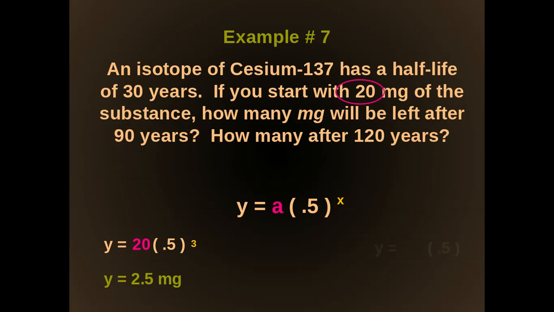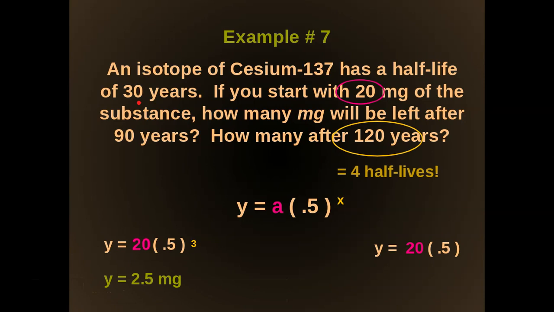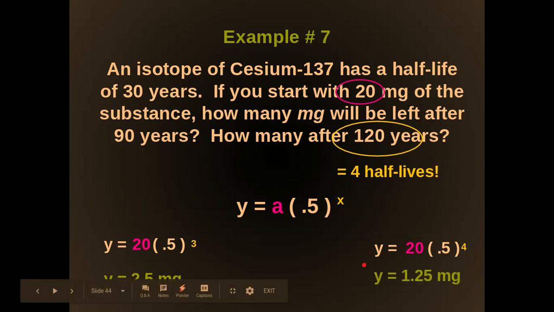The same starting amount and the same growth rate. But 120 years divided by a half-life of 30 years represents 4 half-life periods have passed. So the exponent would be 4. And then calculating gives us a result of 1.25 milligrams, which is, again, one more half-life. So one more time, 2.5 is divided by 2. So that gives us 1.25.